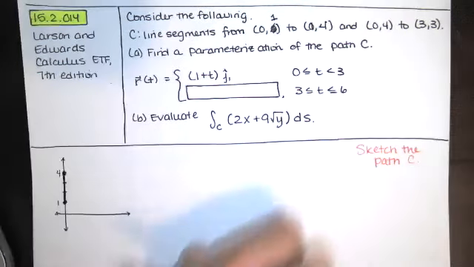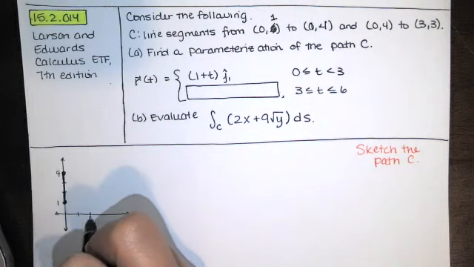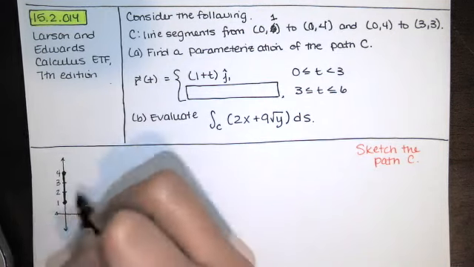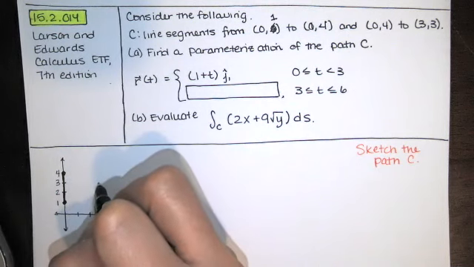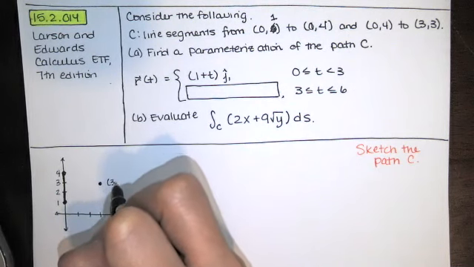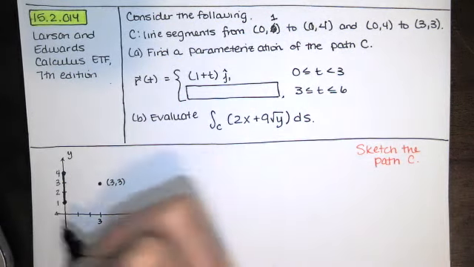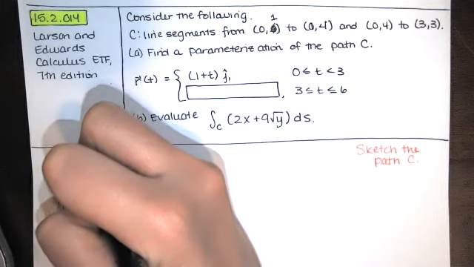That's the first part of C. And then they say from x equals 0, y equals 4, go to x equals 3, y equals 3. And that's the second part of C.